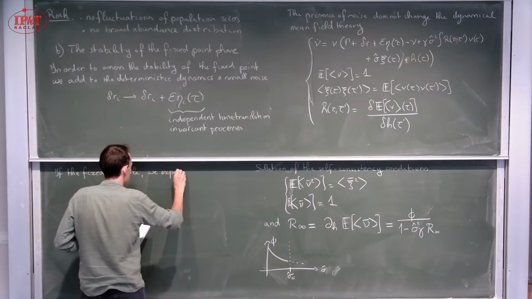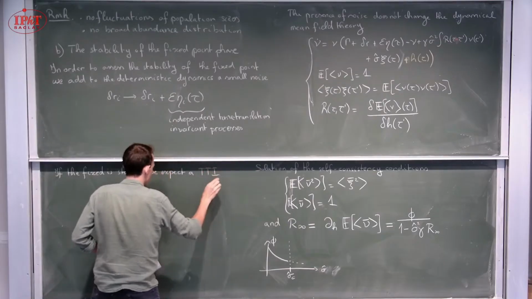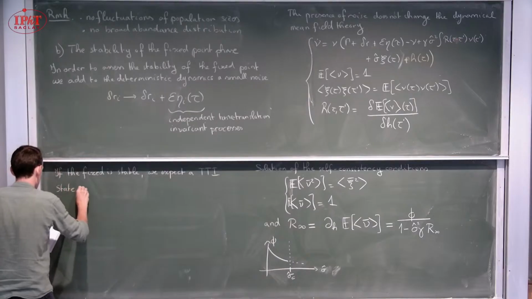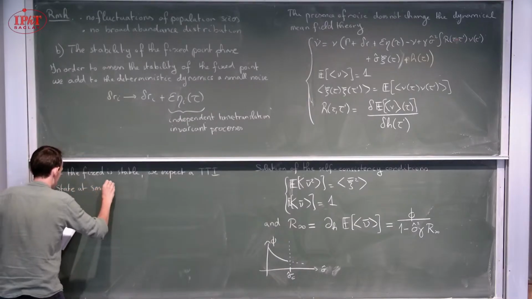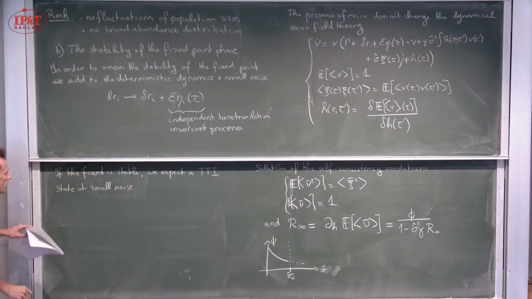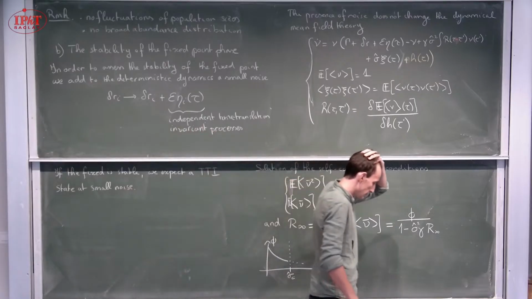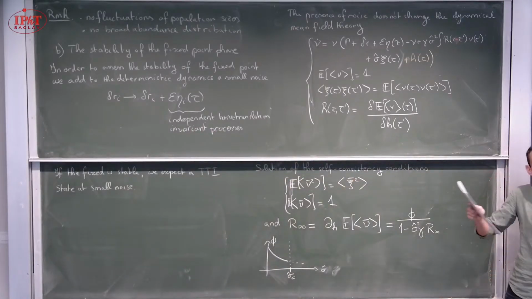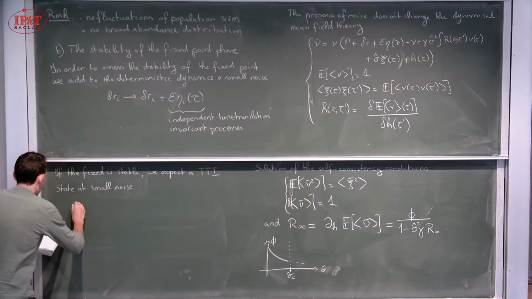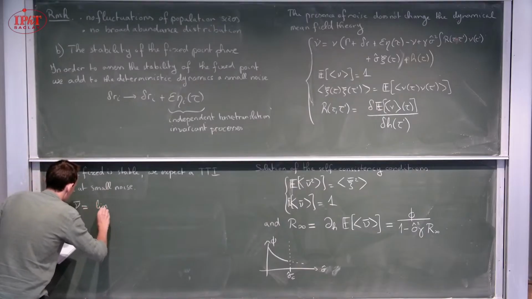We expect the TTI state, so I use TTI for time translation invariant state, at small noise. And now we play the same game that I used to describe non-stationary attractors of the Lotka-Volterra dynamics, by defining the temporal averages.